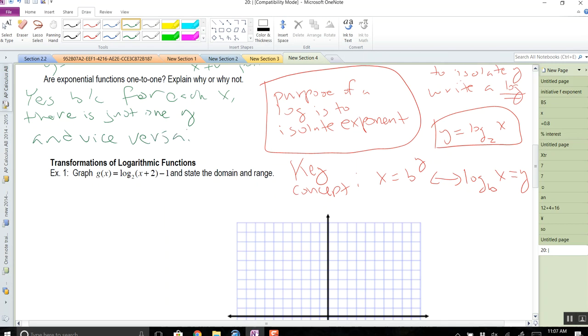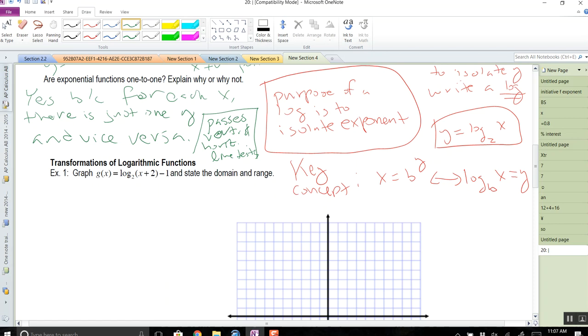So it would also mean it passes the vertical and horizontal line test. So exponential functions pass the horizontal line test. We saw that earlier. It also passes the vertical line test because itself is a function.